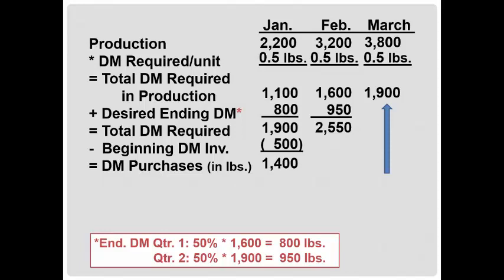Total direct material required is 2,550 pounds in February. The 800 pounds we ended January with is what we'll start February with. And so our materials purchases will be 1,750 pounds in February.